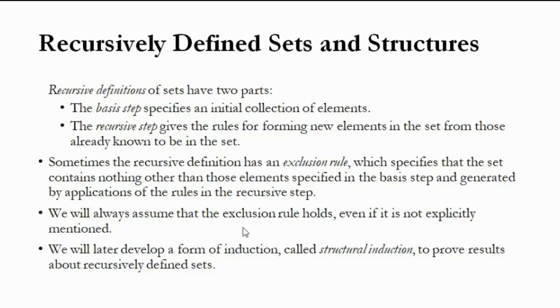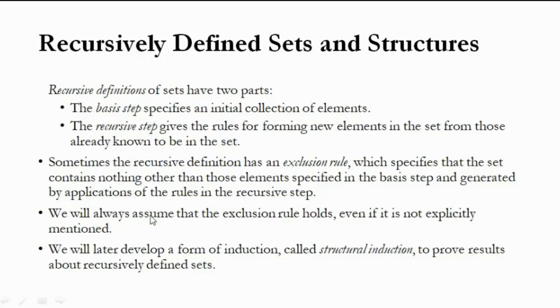The recursive step gives the rule for forming new elements in the set from those already known to be in the set. Sometimes the recursive definition has an exclusion rule, which specifies that the set contains nothing other than those elements specified in the basic step and generated by applications of the rules in the recursive step.